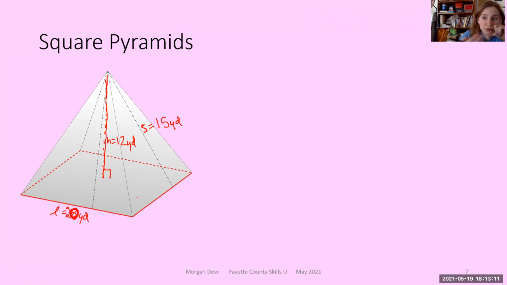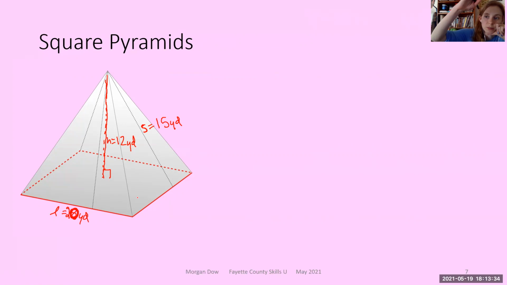So here I have it labeled for you. I'm telling you that the square is 20 yards on each side. We're also going to need to work with the height of the pyramid. So height is a line that's perpendicular to the base, right? In this case, it's just going straight through the center of that pyramid down to the base. So this pyramid is 12 yards tall.